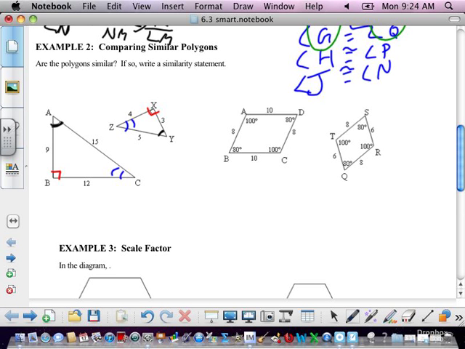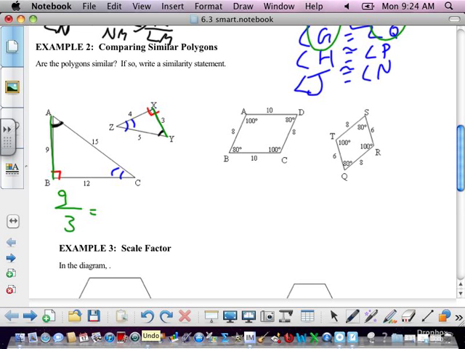Now we have to set up some proportionality stuff. What side is corresponding to AB, so we can see if it's proportional? XY. So I'm going to take 9/3.